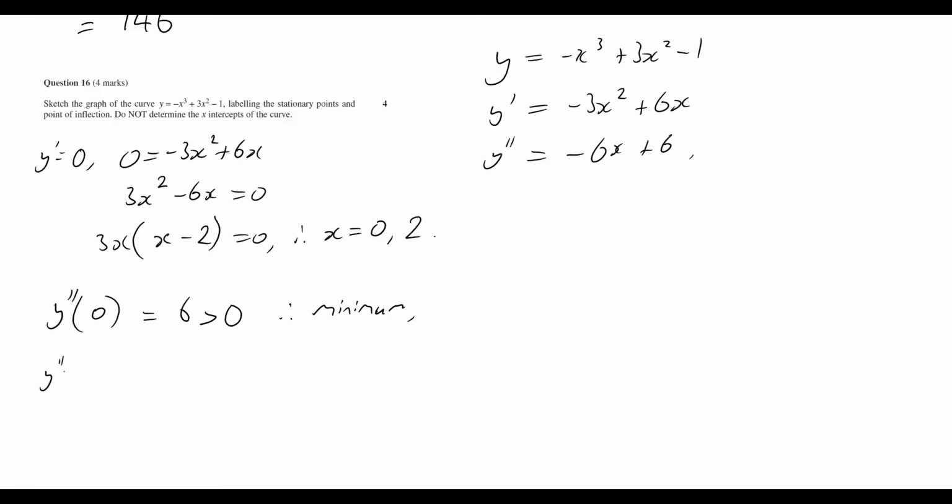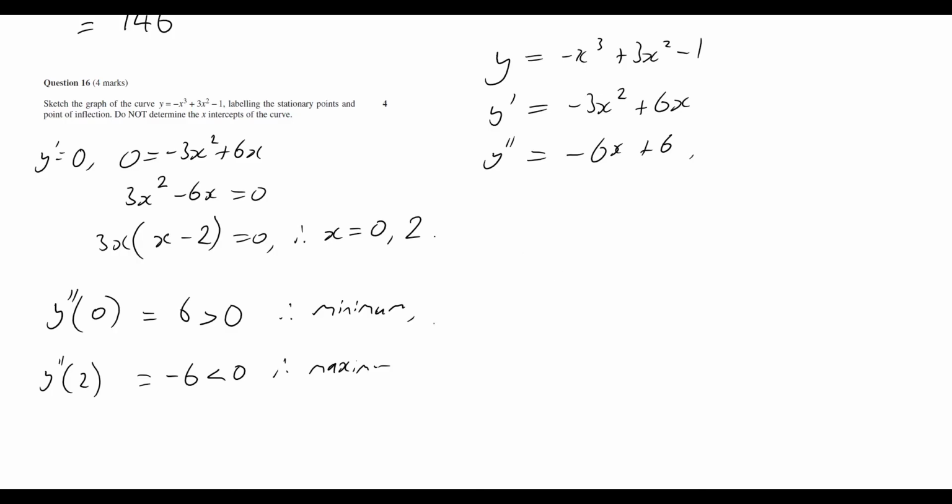And what about y double prime of 2? Well, we know that that is going to be equal to minus 6 times 2, so minus 12, plus 6. That's equal to minus 6, which is less than 0. So we can say, therefore, it's a local maximum. Okay, fantastic. So what we should do is actually figure out the coordinates of these 2 points now.